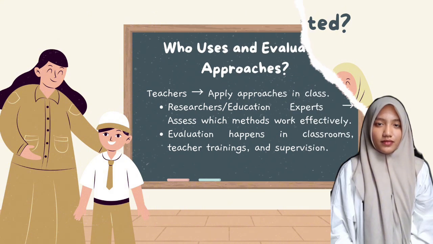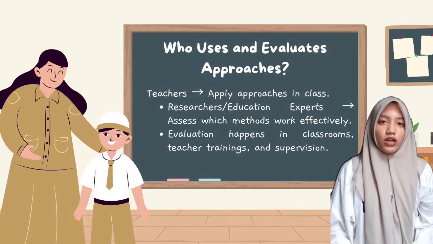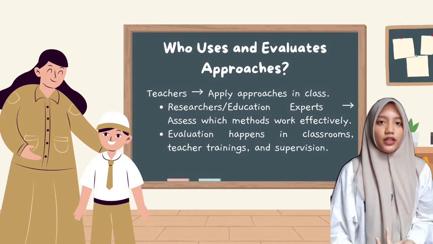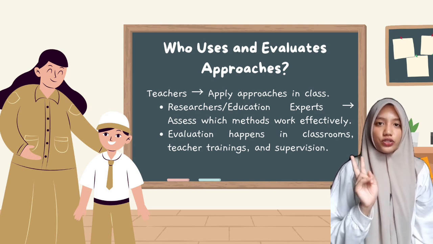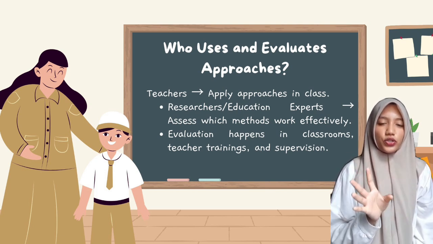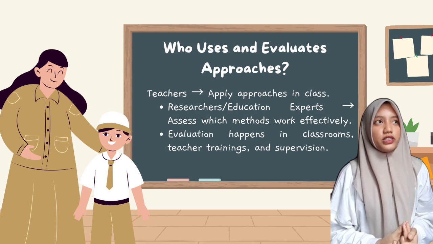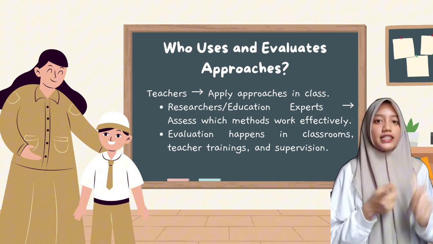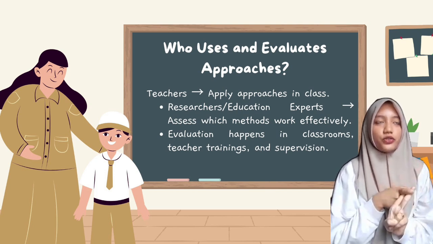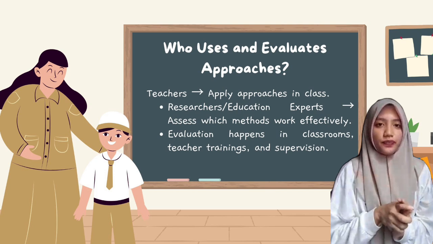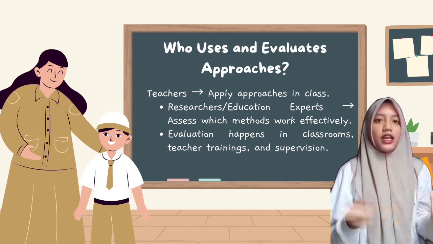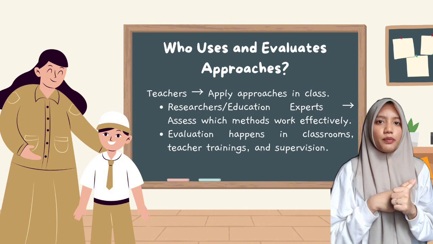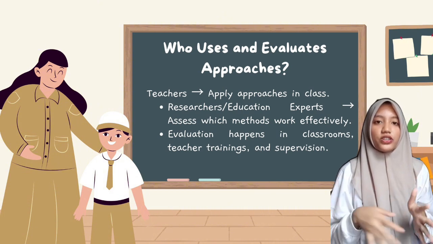Next is about who uses and evaluates approaches. There are two sides who use and evaluate teaching approaches. The first one is teachers and the second one is researchers or educational experts. Teachers apply approaches in real classroom situations.